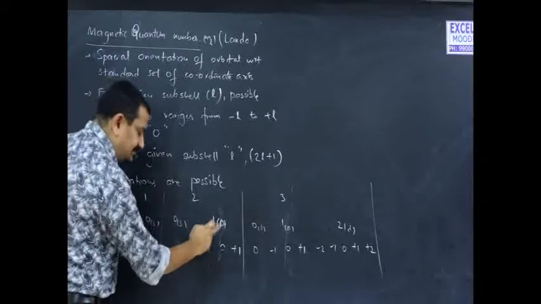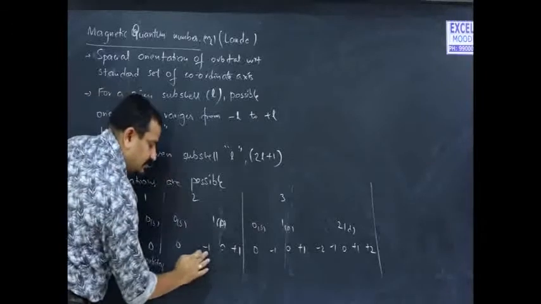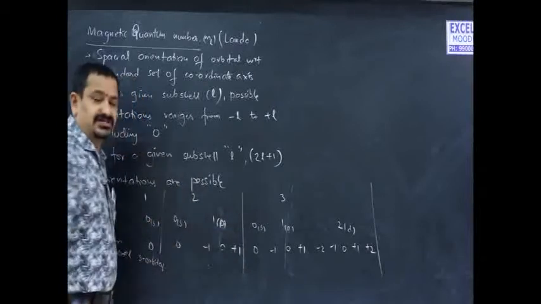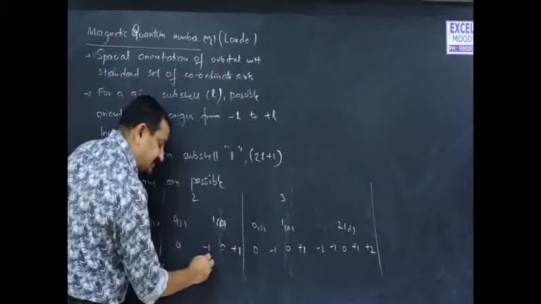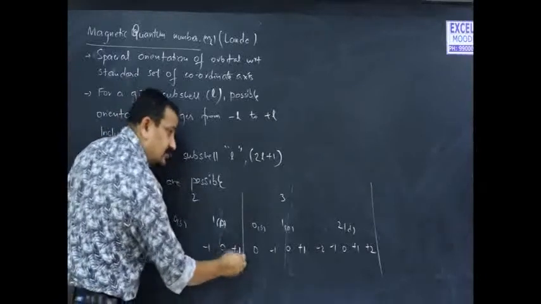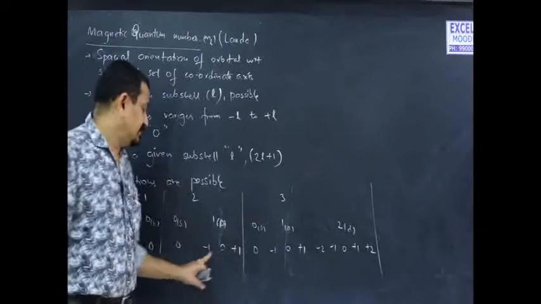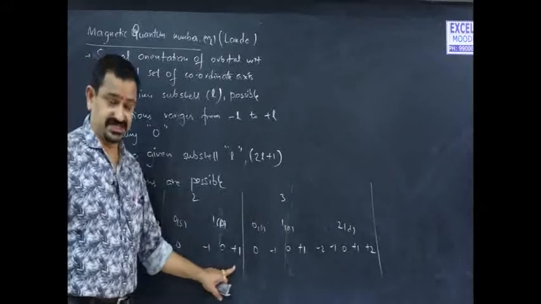Under the p sub-level, minus 1 to plus 1 including 0. So, there are three orientations possible for a p sub-level. This is one orbital, this is another orbital, another orbital. Three p orbitals whose energy is the same. These three are identical p orbitals with different orientations.